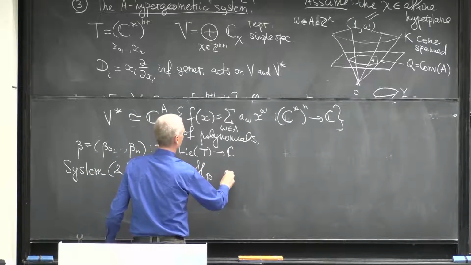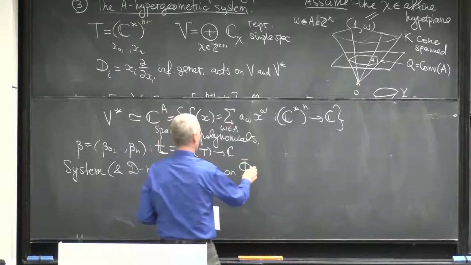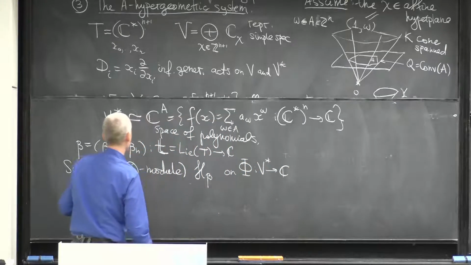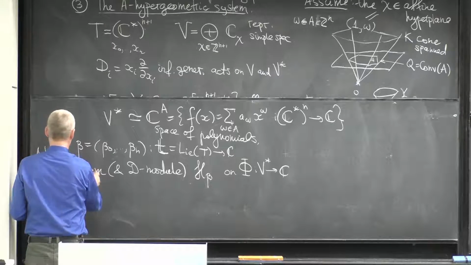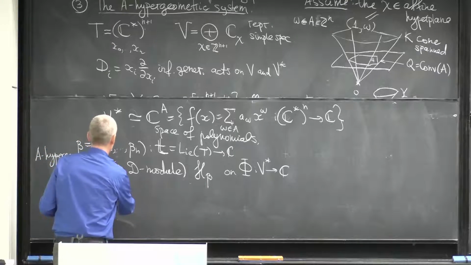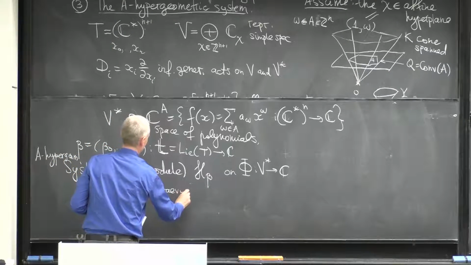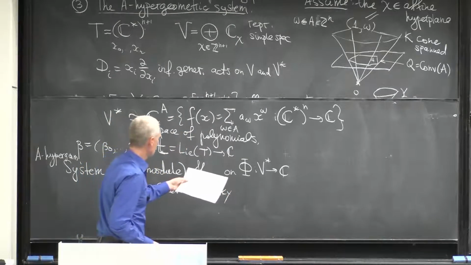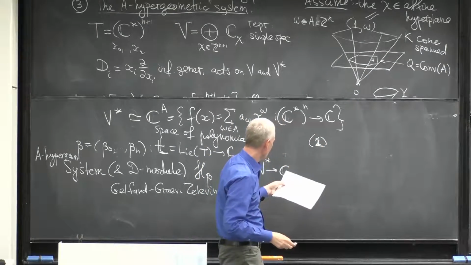The system would be on a function phi on the space V star. So this is the A-hypergeometric system. It was introduced by Gelfand, Graev, and Zelevinsky. And similar to the Harish-Chandra system, it consists of two conditions. First is the quasi-homogeneity.